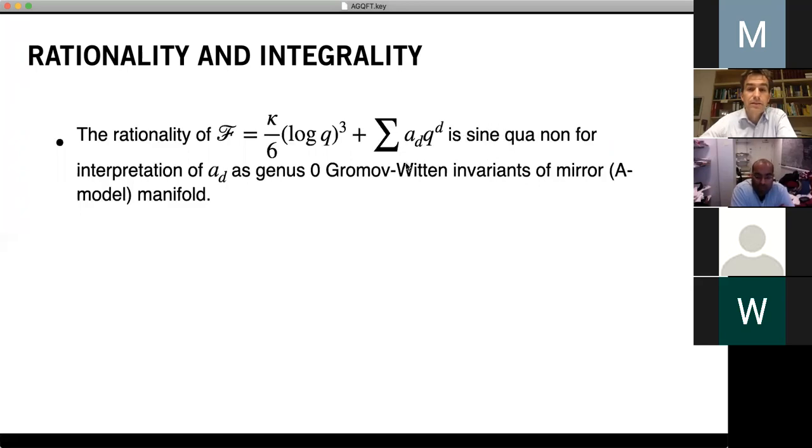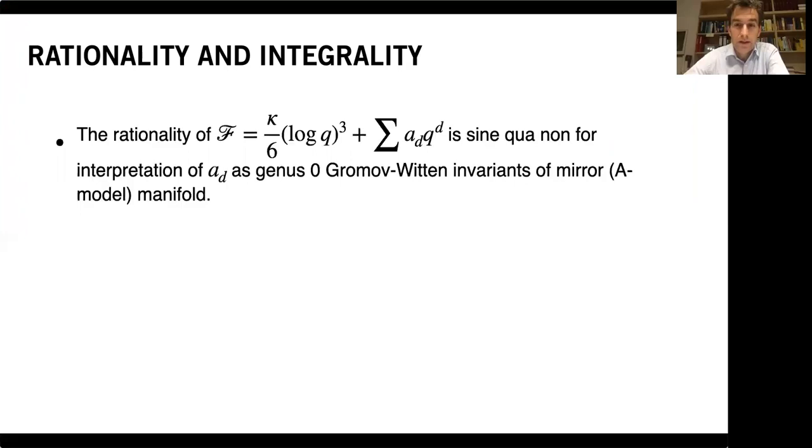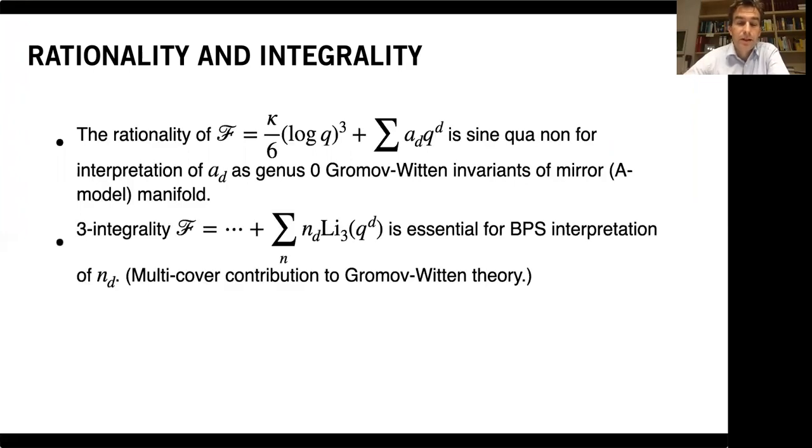If you don't have that, there's no way you can interpret them as Gromov-Witten invariants of some mirror manifold, just because Gromov-Witten invariants count maps and are rational by definition.